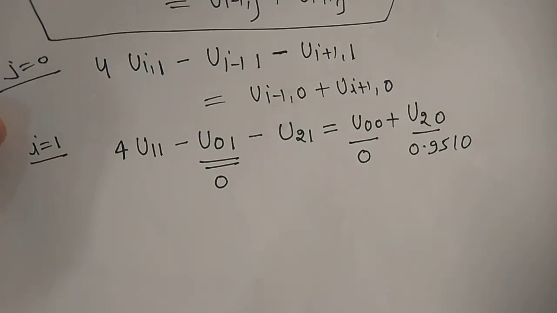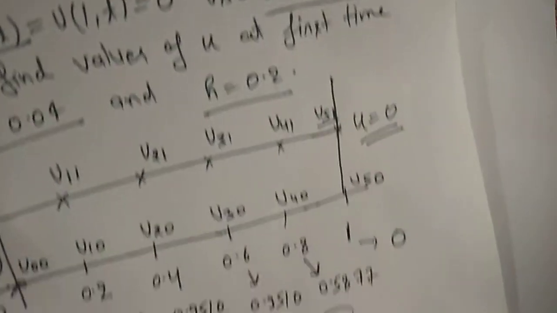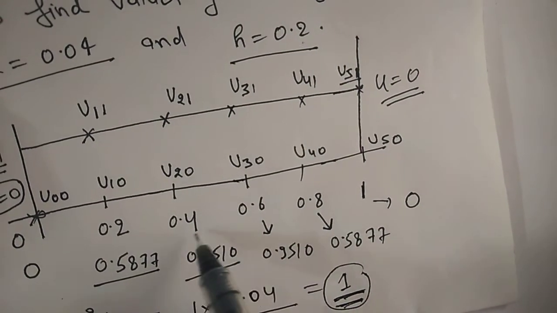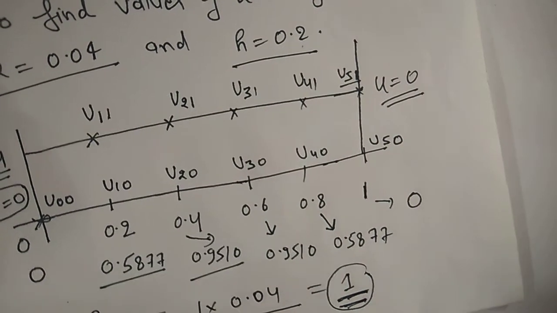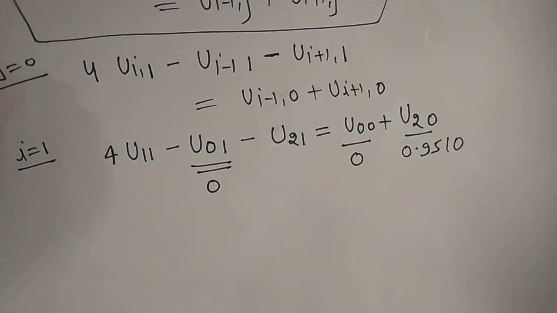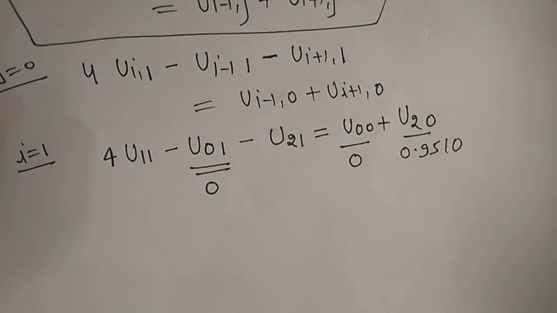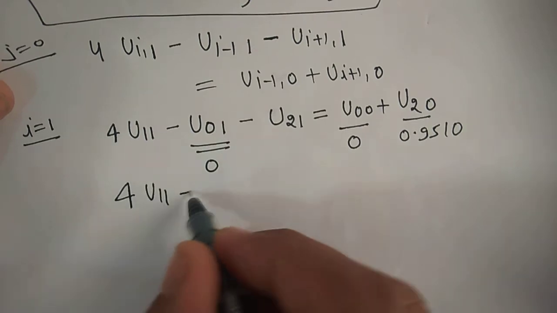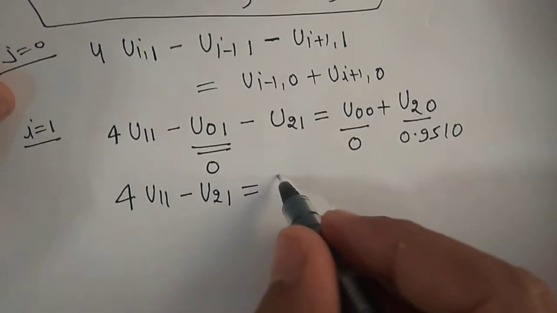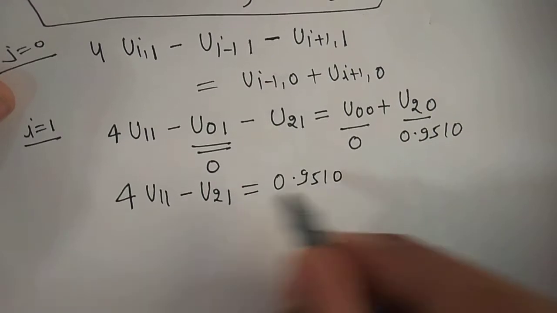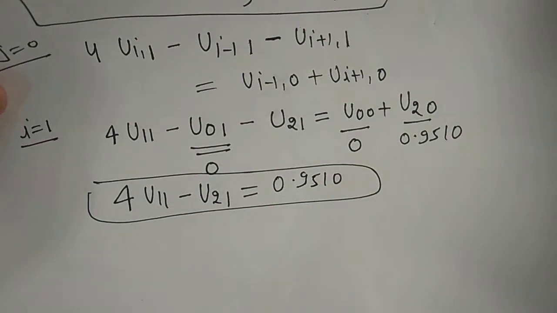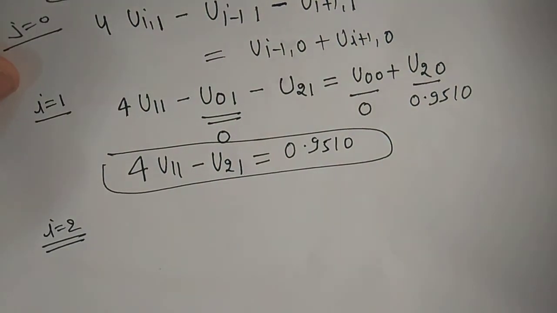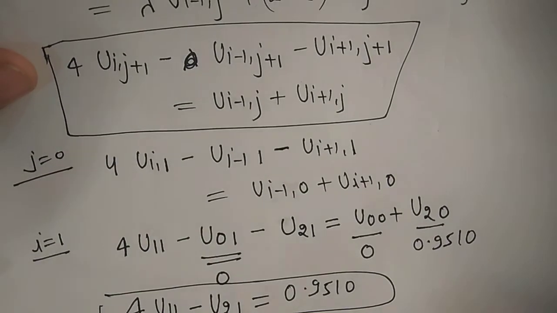So you can see here u20 is 0.4, so sine 0.4 pi equal to 0.9510. So the first equation we got is 4 u11 minus u21 equal to 0.9510.